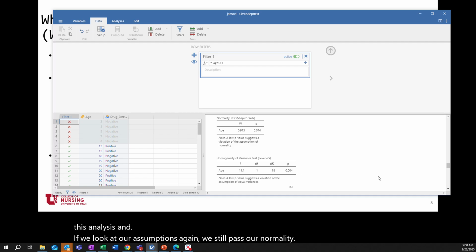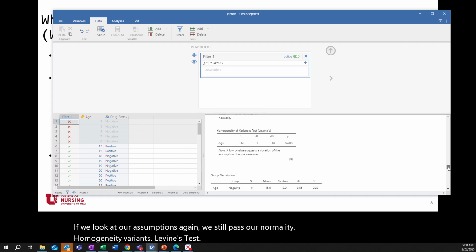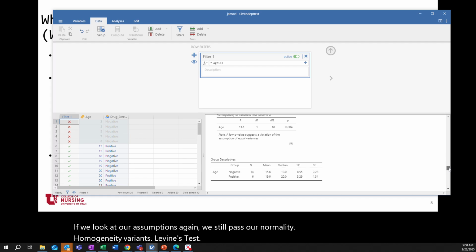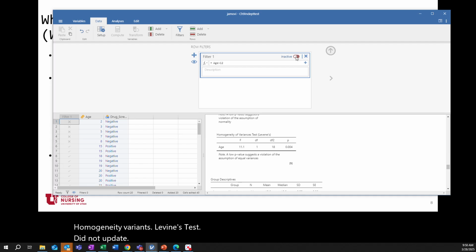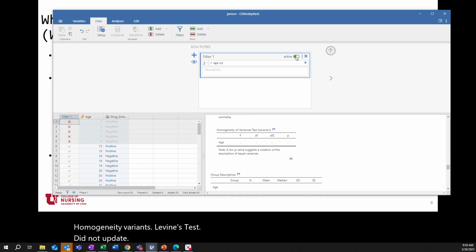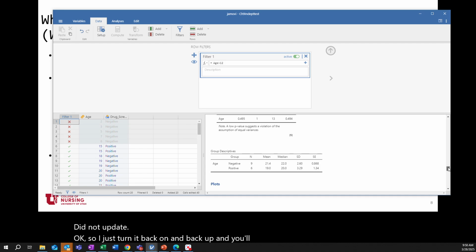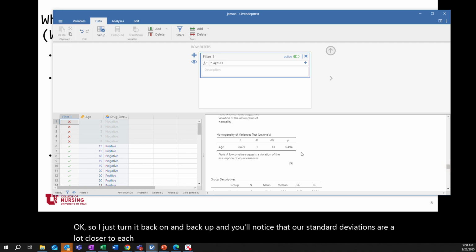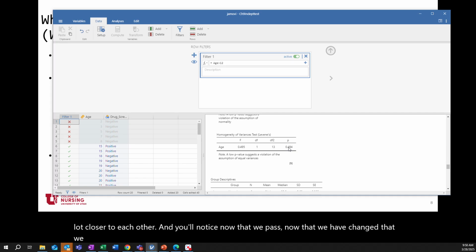Homogeneity of variance, Levene's test, did not update. Okay, so I just turned it back on and back up, and you'll notice that our standard deviations are a lot closer to each other. And now that we have changed that, we actually pass Levene's test.